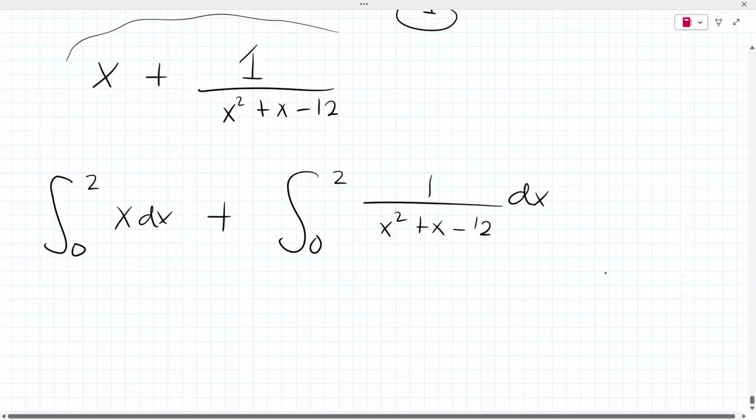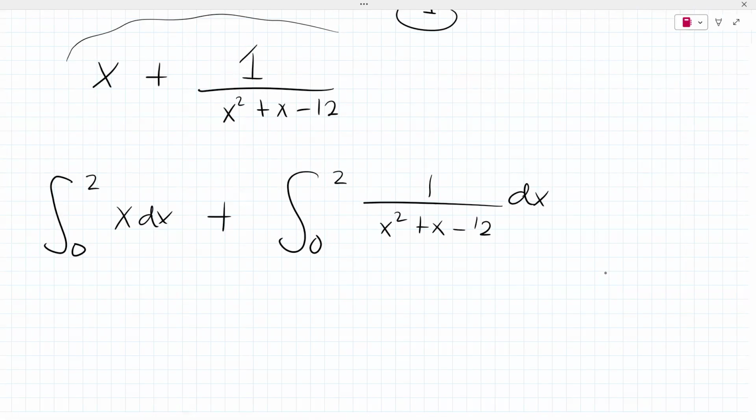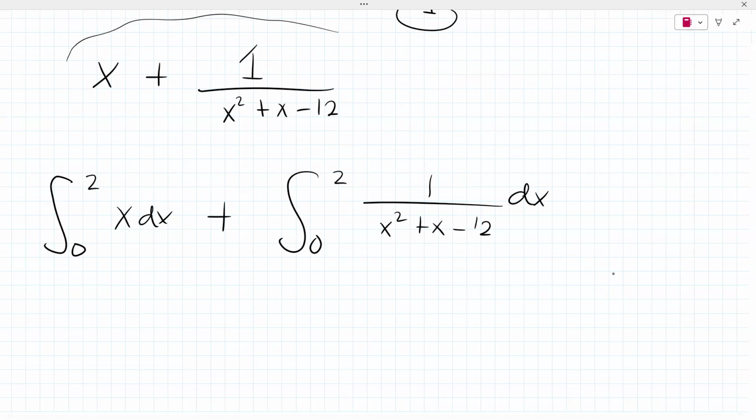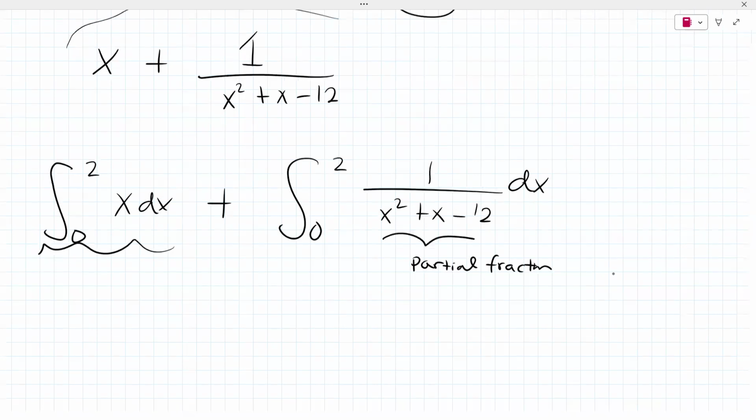We know how to take the integration of x dx from 0 to 2, right? What about this? We can't do u substitution, we can't factor, nothing will cancel. You're going to have to do partial fraction. So let's do this because this one's easy. We can do that later.